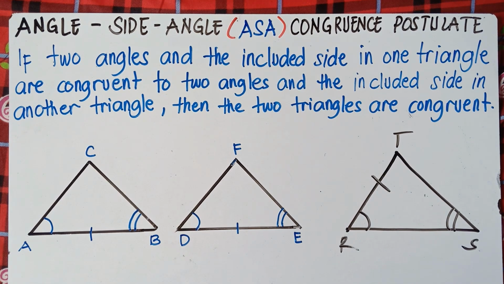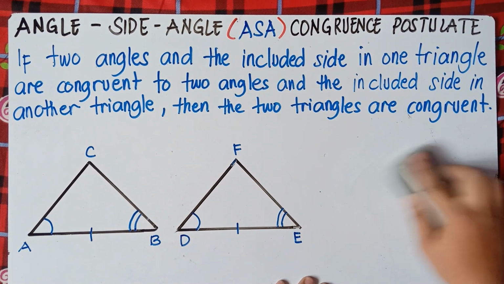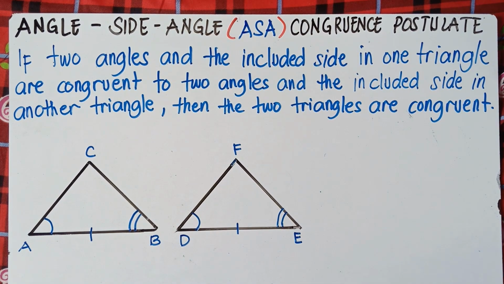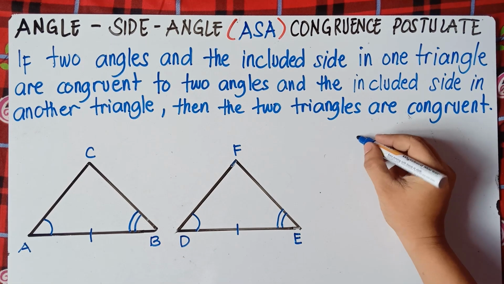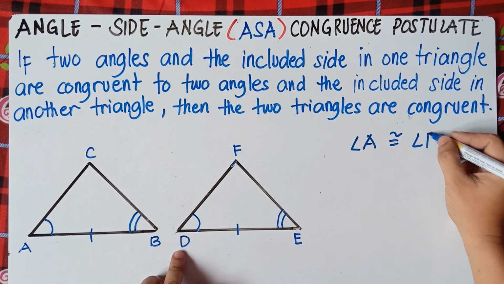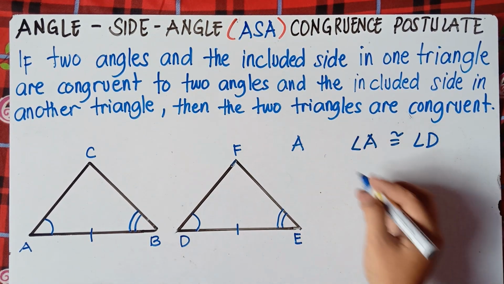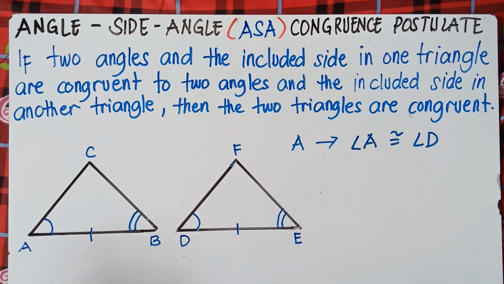Do not forget, class, angle, side, angle, the included side is between the two angles. So if we label this one, we can say that angle A is congruent to angle D. Let me just write it in red.